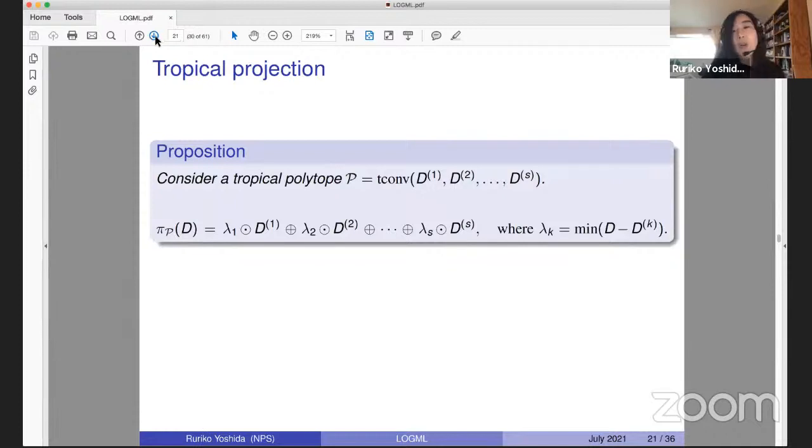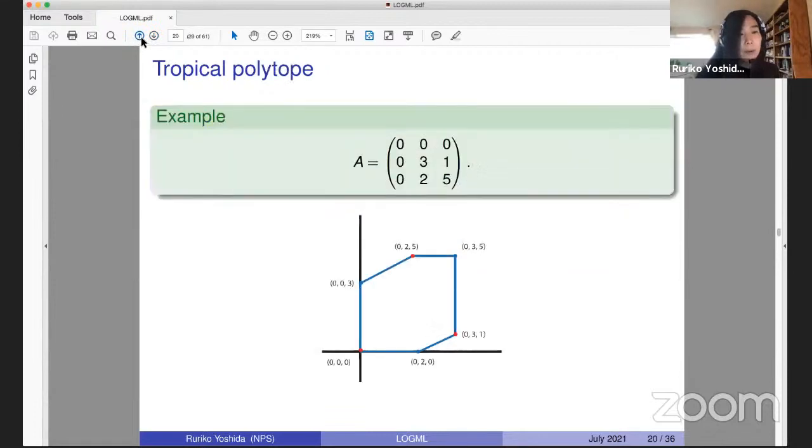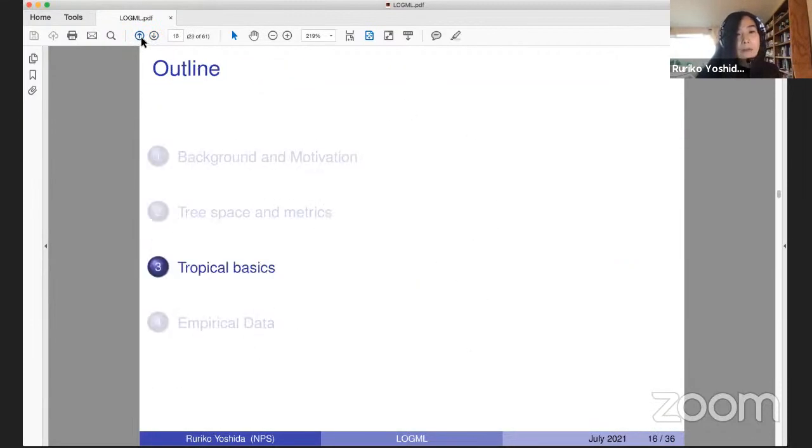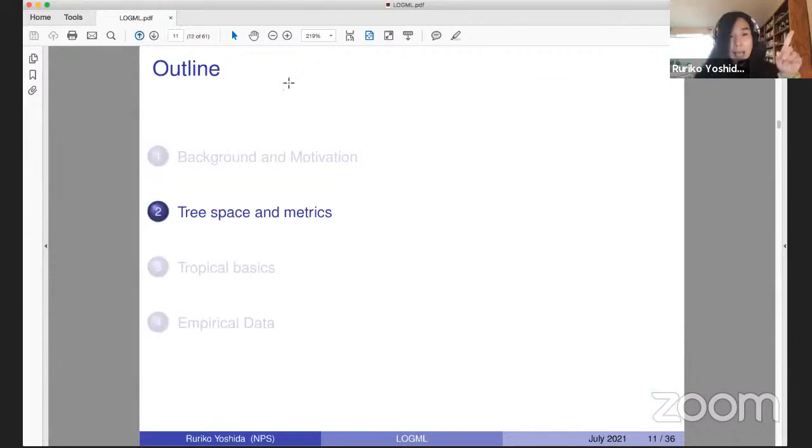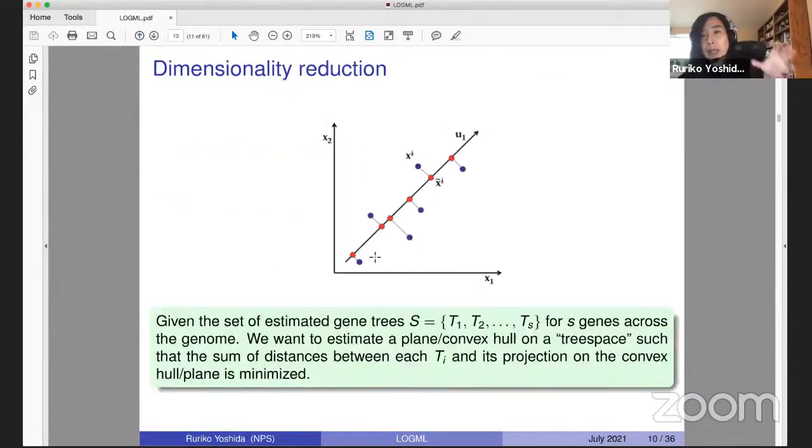All right. So we also have a formula for the projection, because remember, I want tropical PCA, I want to calculate the tropical polytope. In this case, because I want to visualize, I want to find the tropical triangle. So the sum of the distances between the blue points and the red points is minimized.